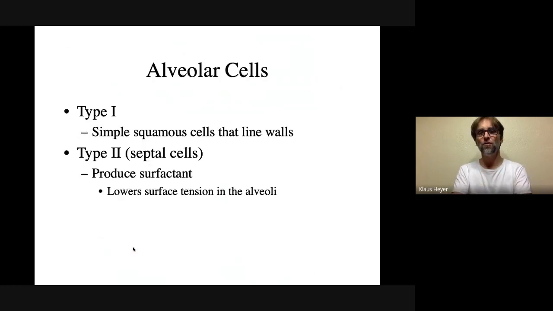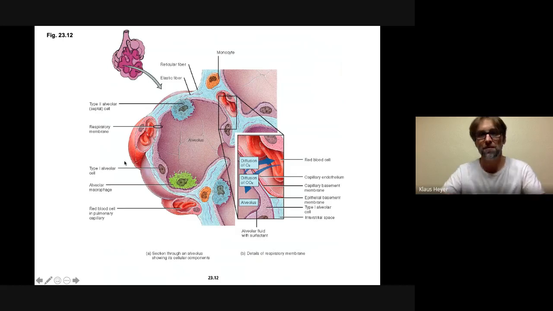So in the alveoli, there are two types of cells. Type 1, nothing very special about that. Type 2, which are septal cells, they produce surfactant. And as I wrote here, it lowers the surface tension in the alveoli. So what does that mean? Here's a larger shot of the alveolus.